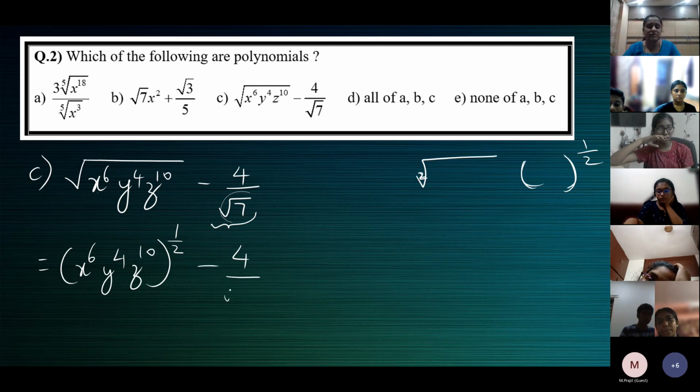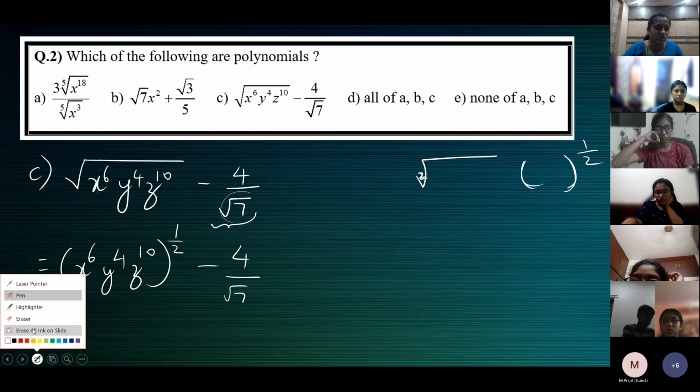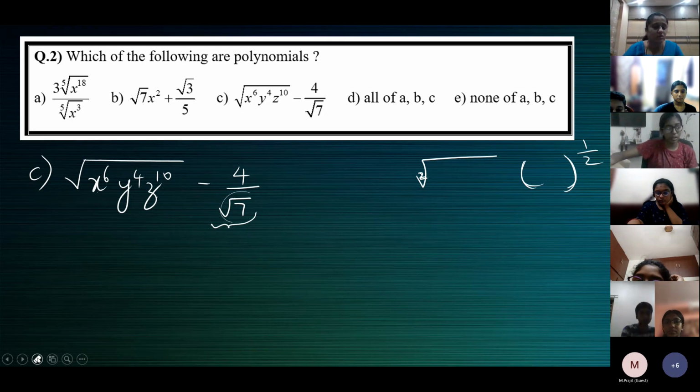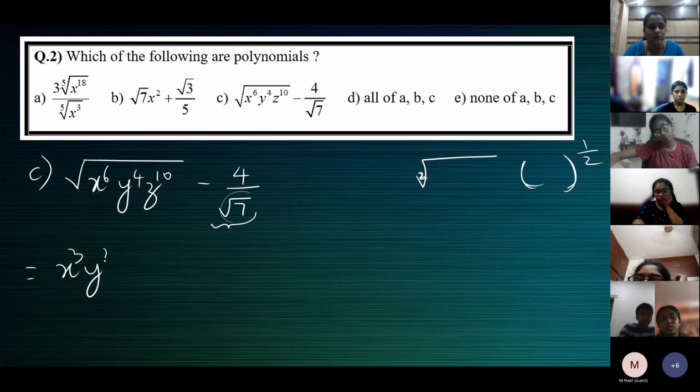Minus 4 by root 7. Otherwise, you don't have to show so many steps. You can just understand like this. In squares and square roots last year, what did we understand? Under the square root, how many x's are there? 6 x's, so 3 of them will come out. Under the square root, there are 4 y's, so 2 y's will come out.